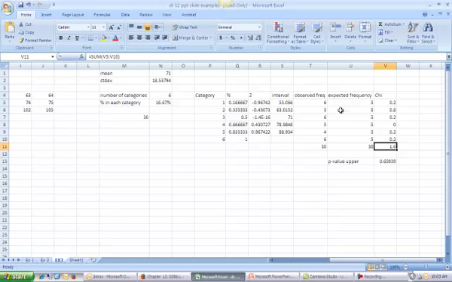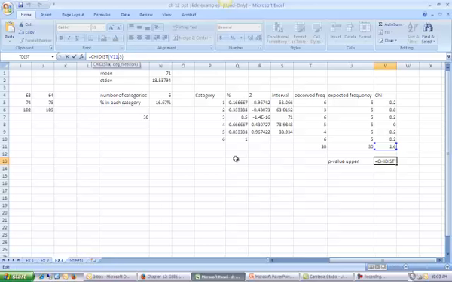Okay, let's look here. My degrees of freedom, again, is 3. So the way I got that is K minus 3 degrees of freedom. Okay, so K is the number of categories that I have, and then minus 3.